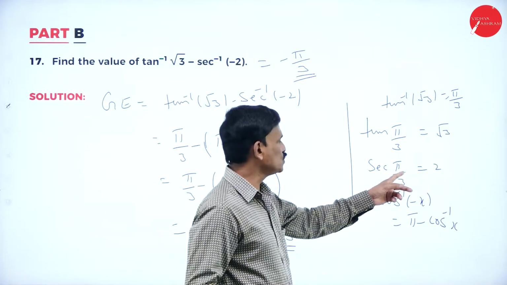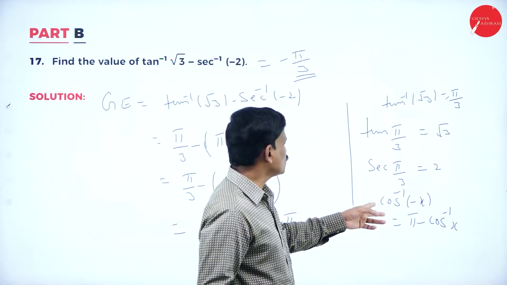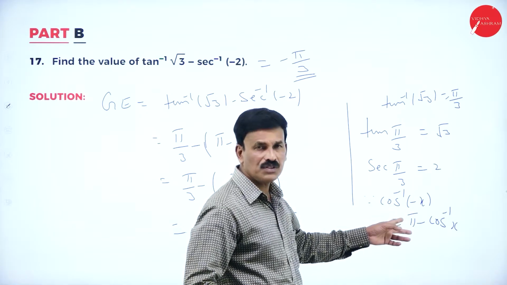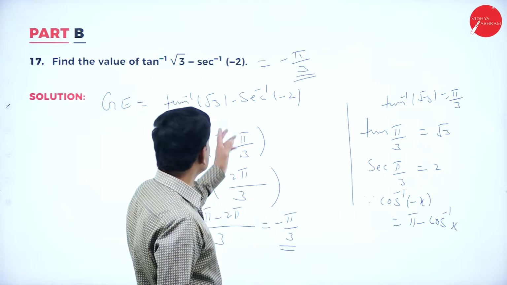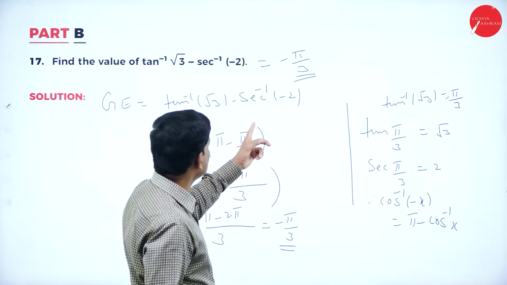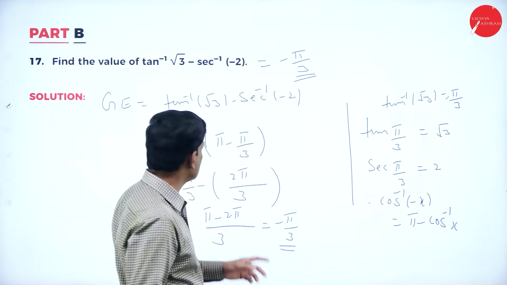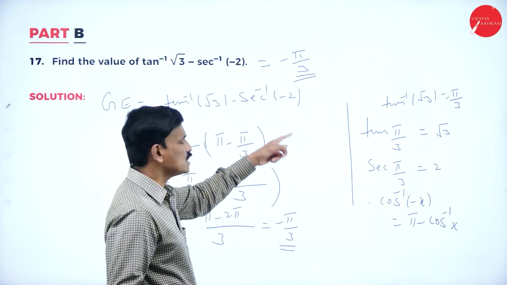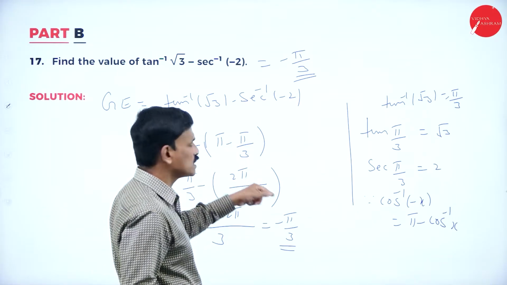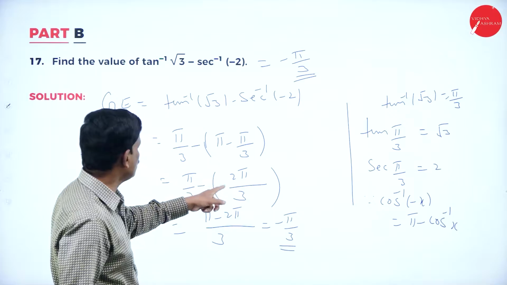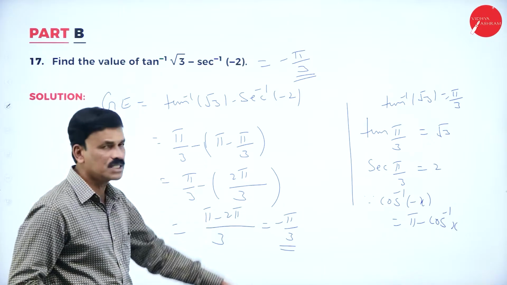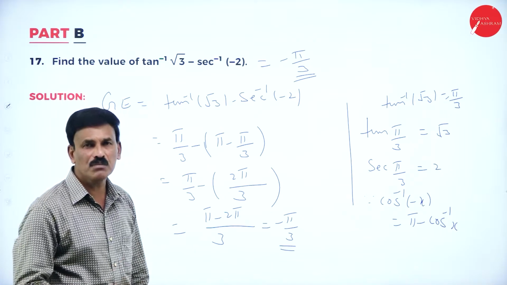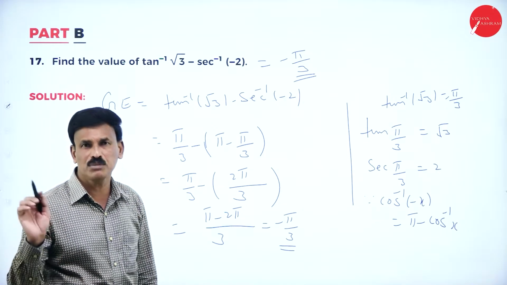Using the formula, secant inverse of minus 2 can be written as pi minus secant inverse of 2, that is pi minus pi by 3, which is 2 pi by 3. Now taking 3 as the LCM, pi minus 2 pi is again minus pi by 3. So the simplified answer is minus pi by 3.